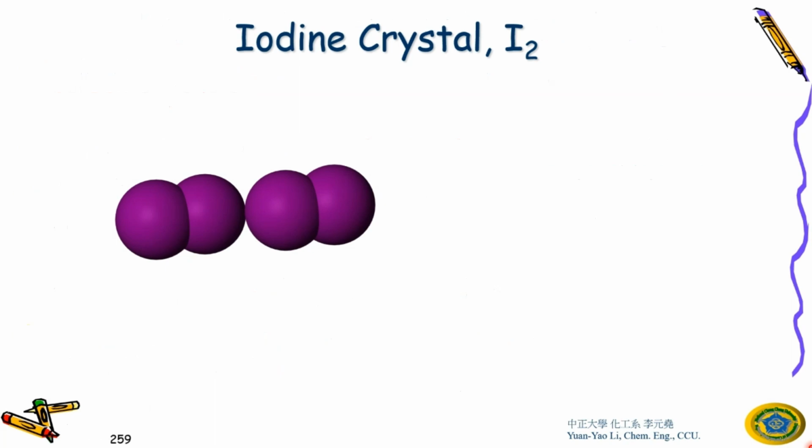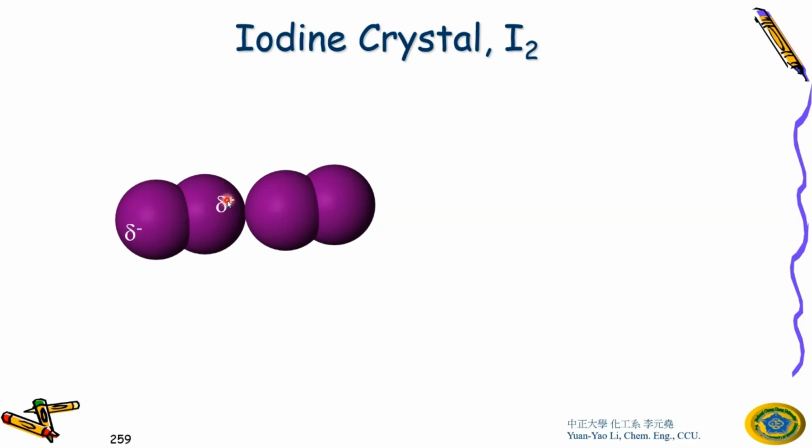So here is the iodine crystal. Have you seen an iodine crystal? Yes, it's in a solid form. You have iodine molecules, and if molecule and molecule are close enough, it becomes a solid, right? So you have LDF, London dispersion force.